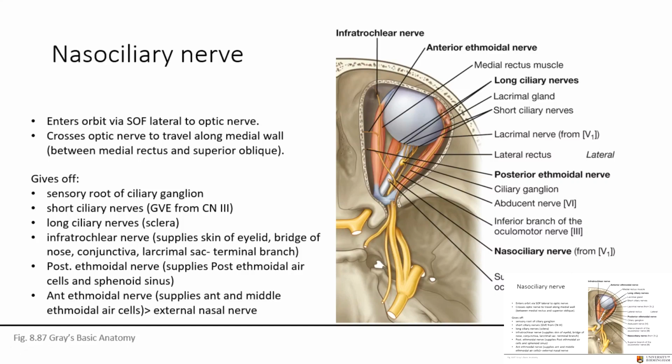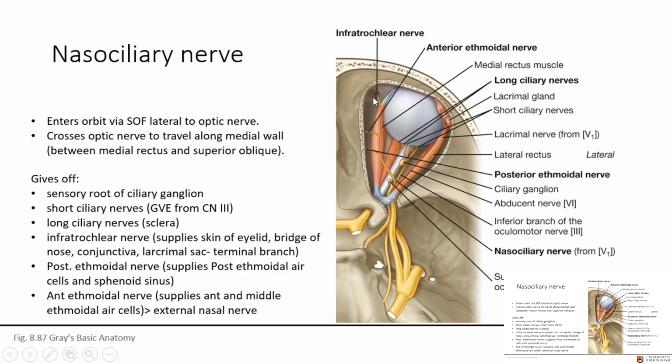So it travels between the medial rectus and the superior oblique muscles, giving the anterior ethmoidal nerve here. It also gives the posterior ethmoidal, and they will go to the nasal cavity, as we saw in the lecture before.